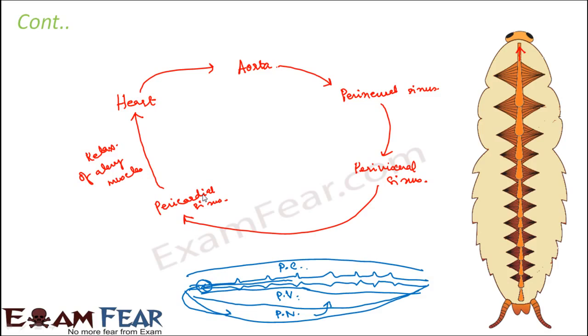Now if you talk about the location of the heart, it is located in 13 chambers in the case of a cockroach. Out of those 13 chambers, 3 chambers are located in the thorax and the remaining 10 chambers in the abdomen.